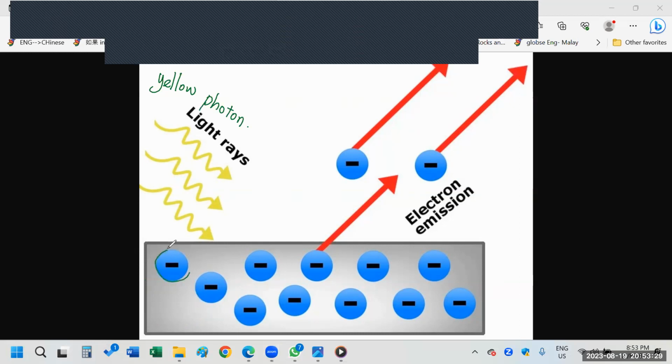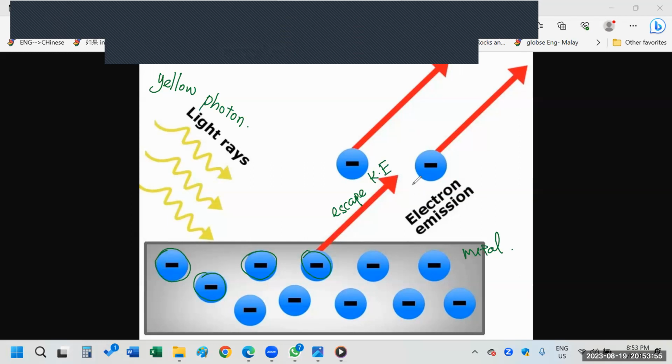So the metal has a lot of free electrons. When the yellow photon strikes the metal surface, the electron will gain enough energy and then go out. Go out means they escape with kinetic energy.